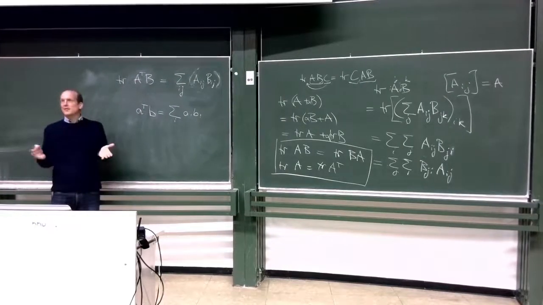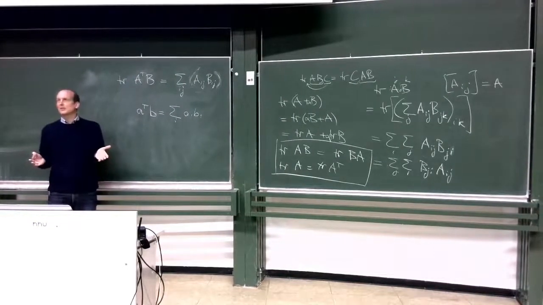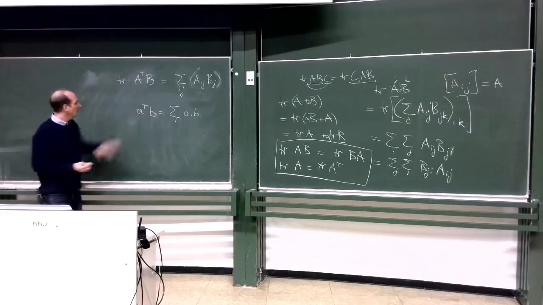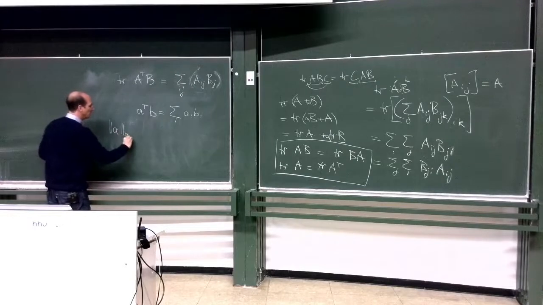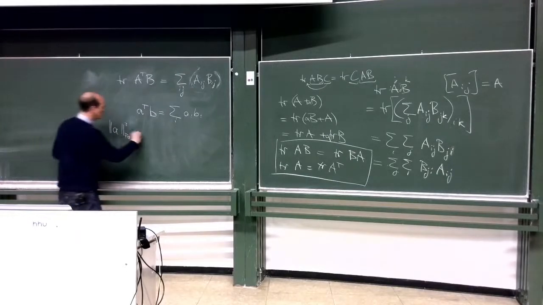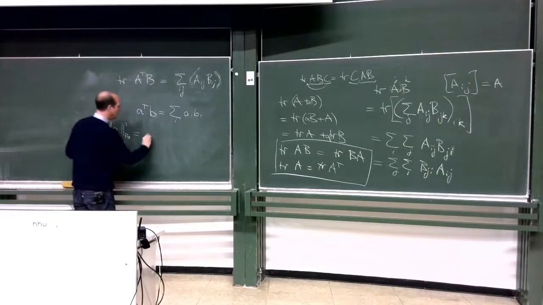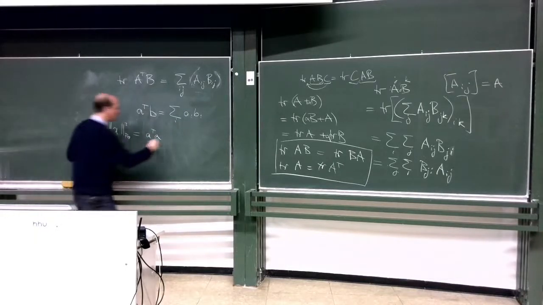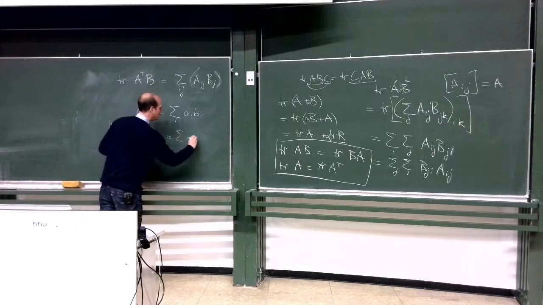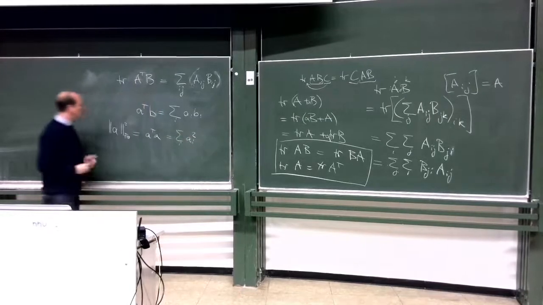Actually, there's the Frobenius norm that you might have heard of already. So the Frobenius norm squared of a vector would be exactly A times A, that is, all entries squared, summing up all entries squared.